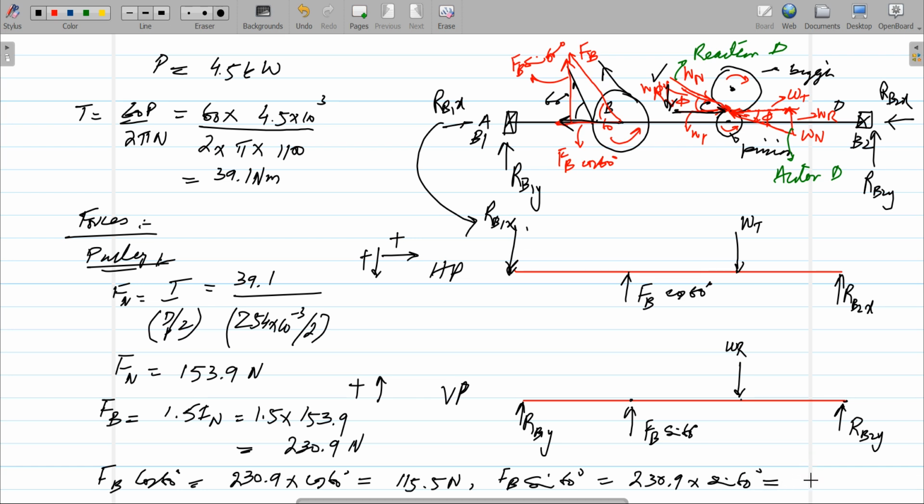So the answer is 200 Newton. So now we know the two forces: this equals 115.5 and this equals 200.